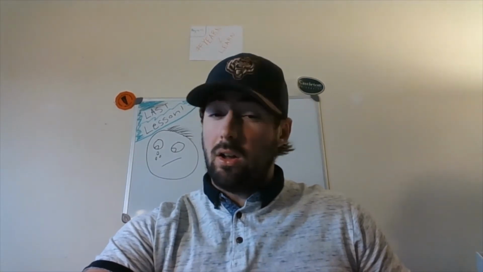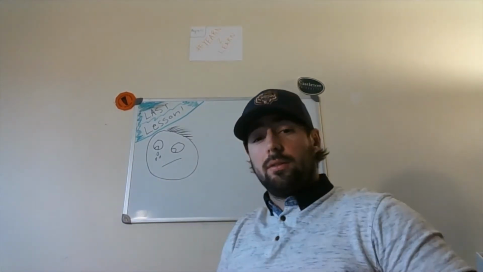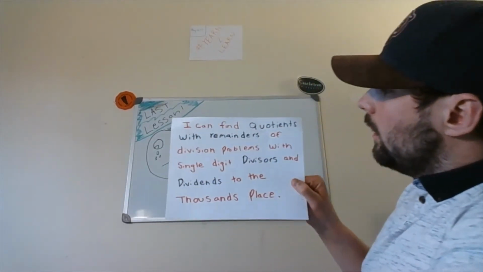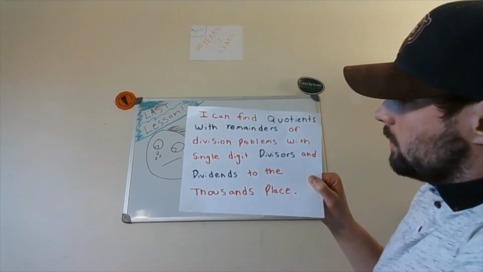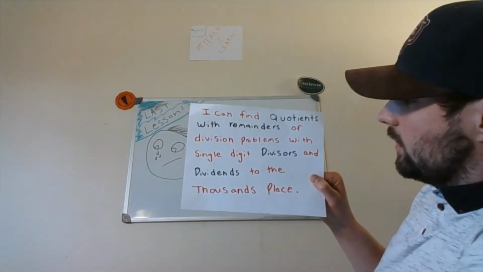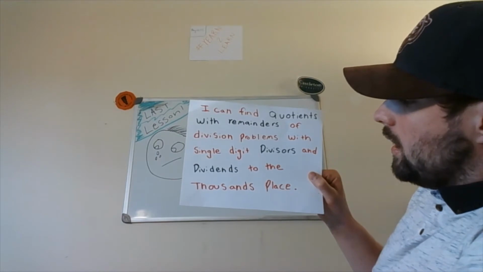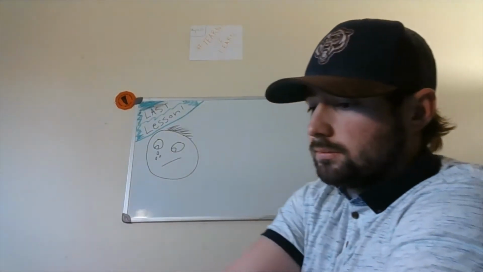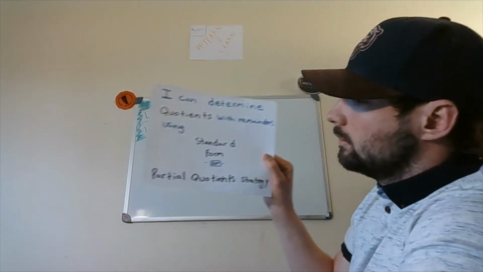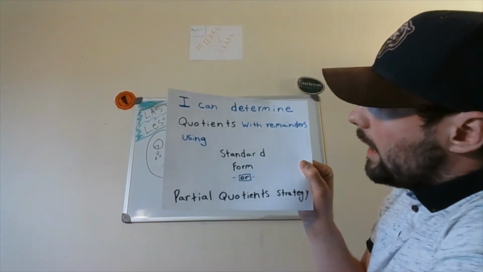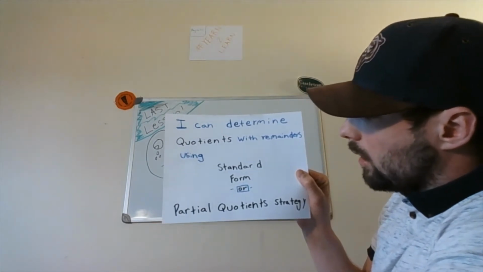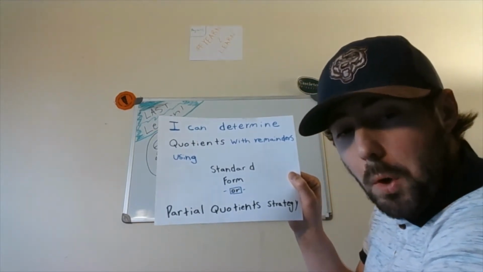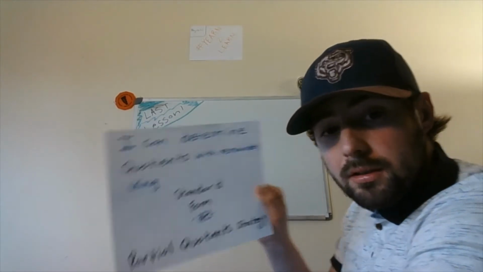Let's take one last look at those learning targets that all of us have become so familiar with. The first one, I can find quotients with remainders of division problems with single-digit divisors and dividends to the thousands place. I can determine quotients with remainders using standard form or, of course, partial quotients strategy.